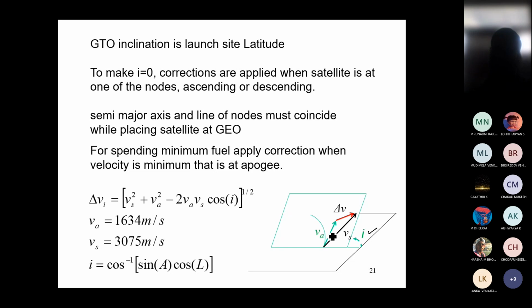So if the satellite in practice is rotating on the orbital plane, then its velocity vector will be directed in this direction. This I have denoted by Va.